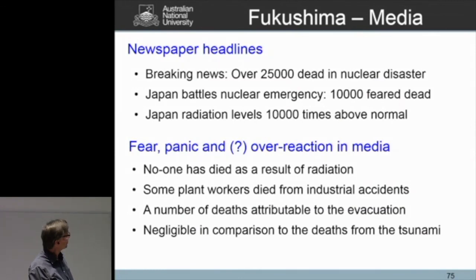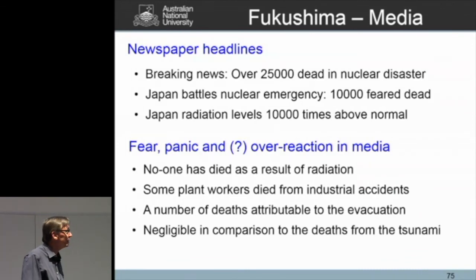No one died as a result of the radiation release. I believe there might have been some industrial accidents that killed a couple of workers. Certainly, when there is a disaster like this, if you make a decision to evacuate, some people will die. It's inevitable that with some frail old people, the process of moving them and evacuating them, in a large enough population, some people will die.